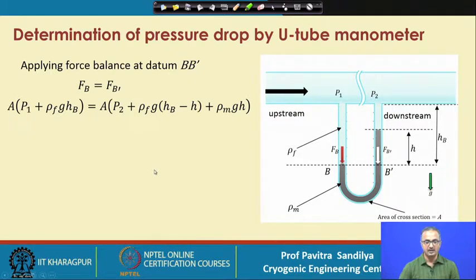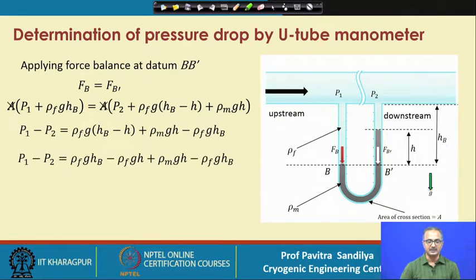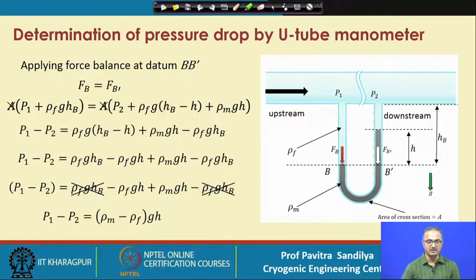Now after this force balance, we make all these mathematical manipulations to ultimately get this particular equation which gives us the pressure difference between the upstream and downstream side in terms of the density difference between the manometric liquid and the process fluid and the height difference in the liquid column inside the U-tube manometer.